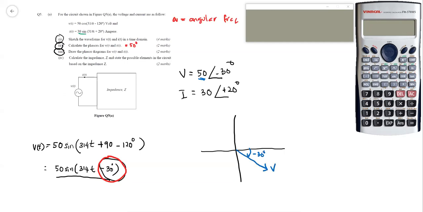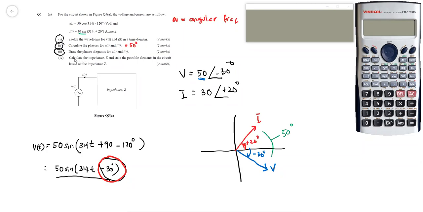So this is your voltage, and your current is positive 20 degrees, so you go here. So this is your current. From here, you can clearly see the phase difference between V and I is 50 degrees, right? So that is for question number 3.